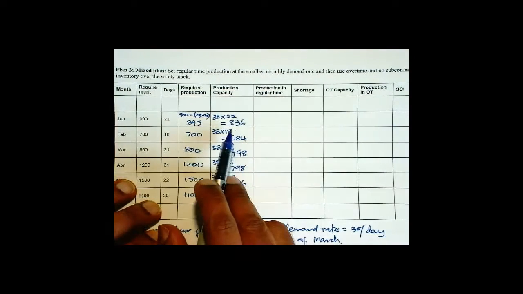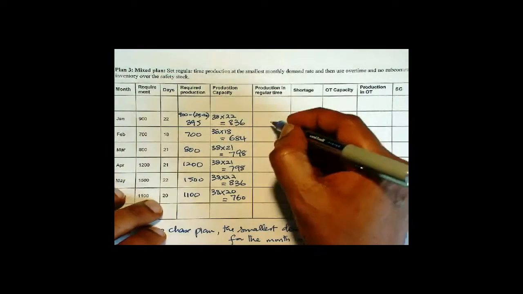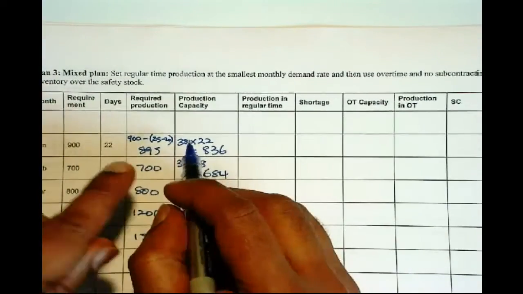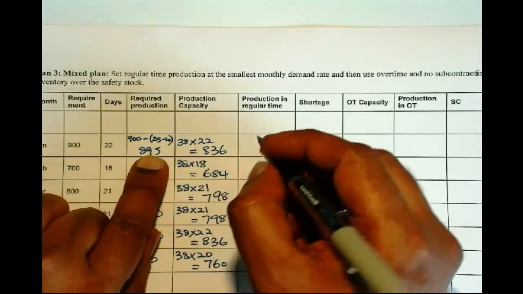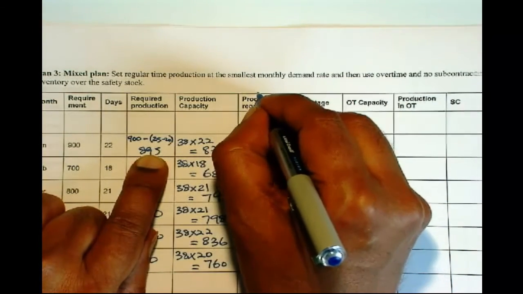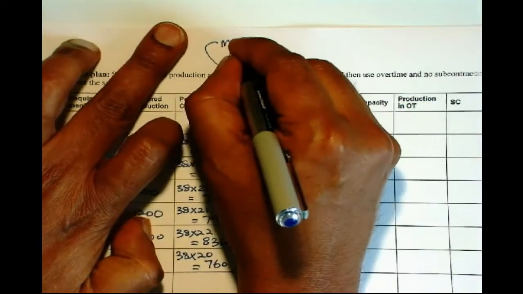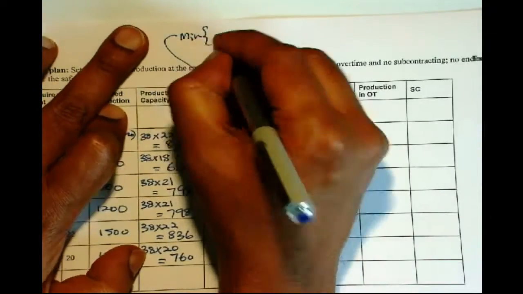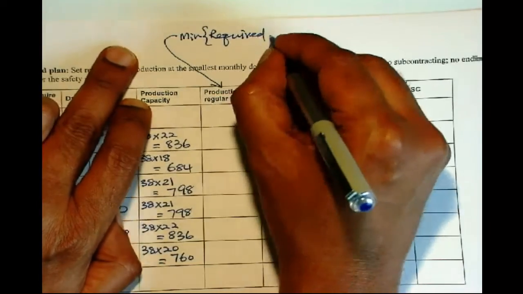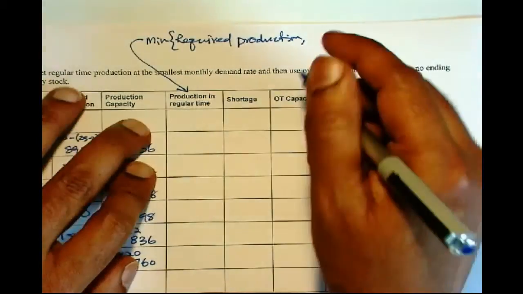We have to compare these capacities against what is required for each of the months, and that will be our regular time actual production. So now production in regular time is we have to compare these two numbers, and you have to use the smaller one. So this is the minimum between required production and production capacity.